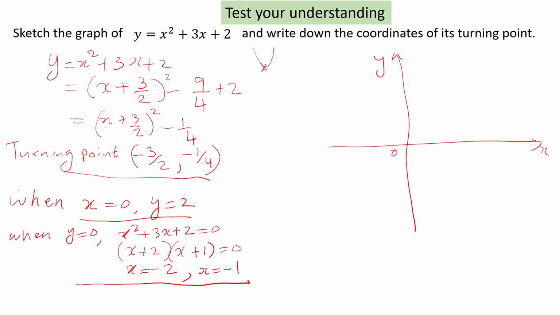So the minimum point is negative 1.5 and negative quarter, negative 3 over 2, negative quarter.